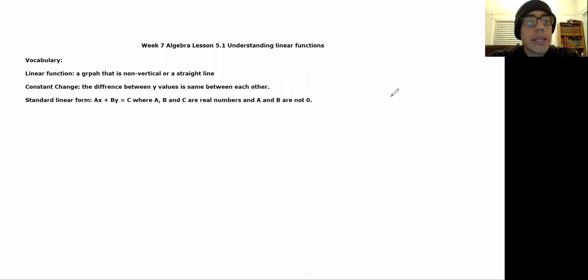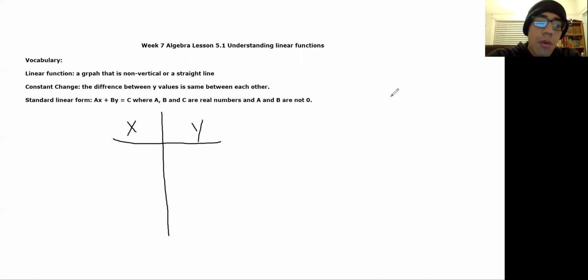Constant change, right, is when the difference between the y values is the same between each other. That means that if we have our x and y values like this, and then the y values start jumping, for example, if this is 1, 2, and 3 here, after you put these x values into your equation, your y values are going to come out at the same distance from each other.